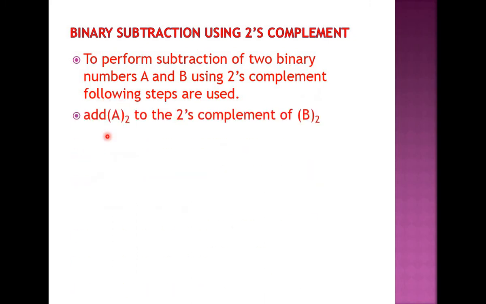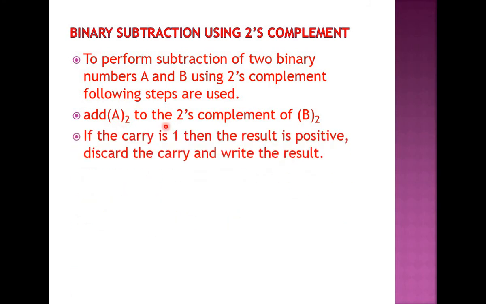First step, add A to the base 2 to the 2's complement of B to the base 2, because we consider two numbers A and B. Now in this addition, if we get a carry of 1, then the result is positive. We have to discard the carry and write the result, which means we write the result without the carry.